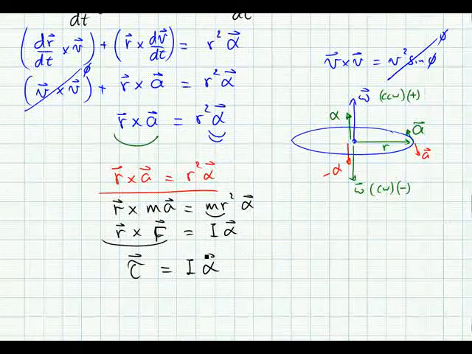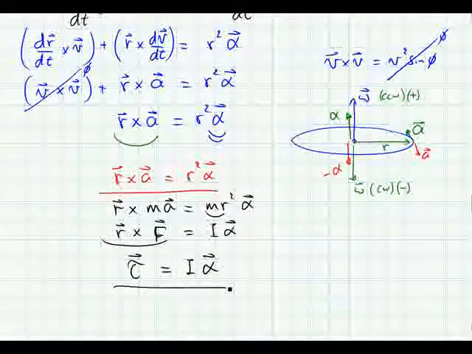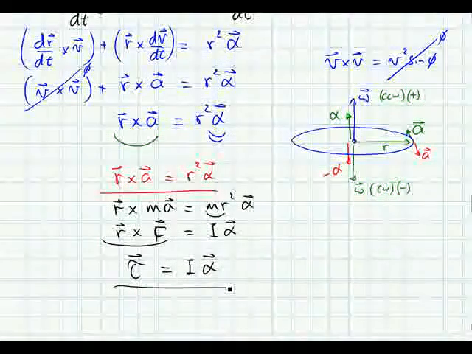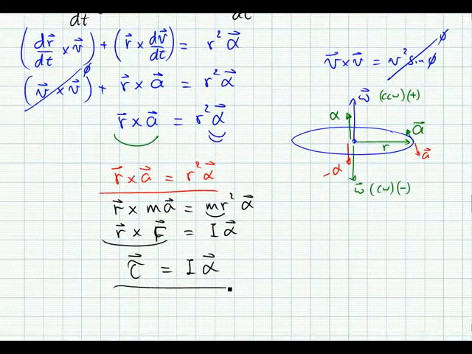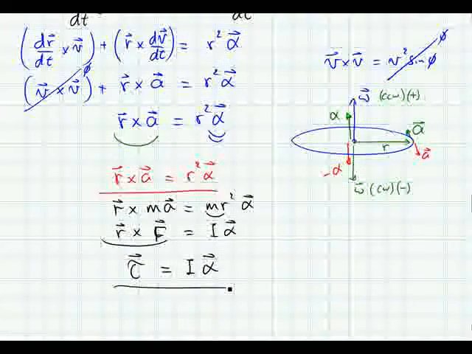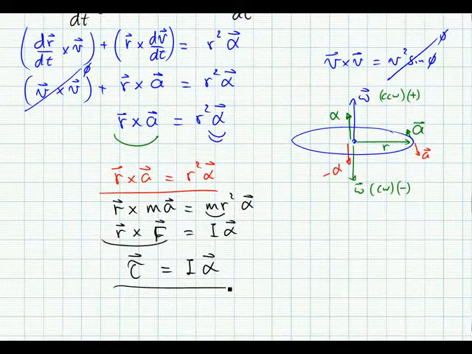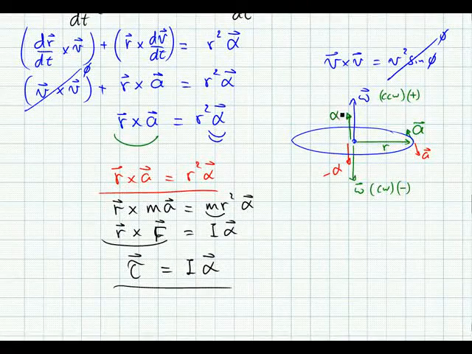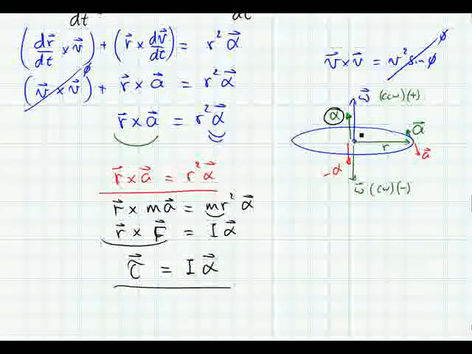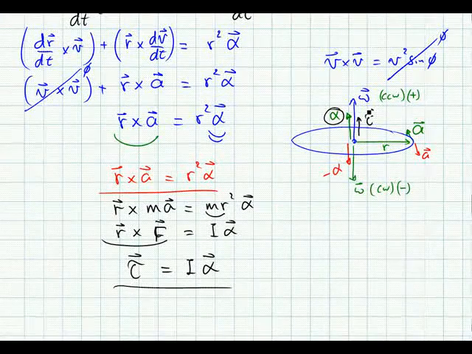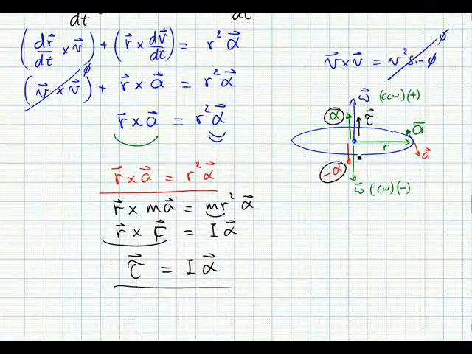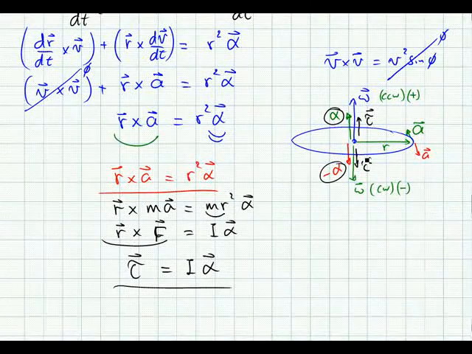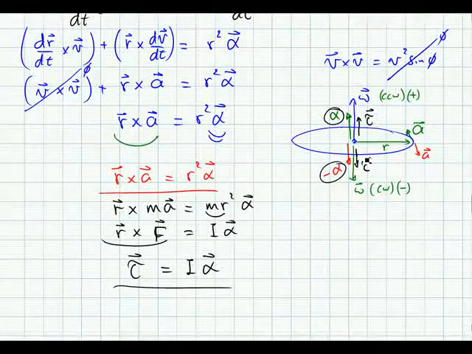Which is the expression we derived earlier using scalar arguments, of course, but this vector cross product method also defines the direction. So you see that if an object has alpha in the positive z direction, that also implies that there's a net torque on the object pointing up in the positive z direction, or if alpha is negative, then there's a net torque on the object in the negative z direction.